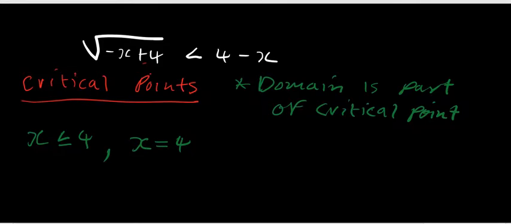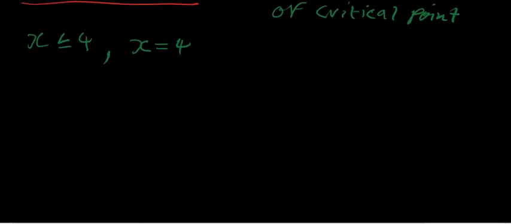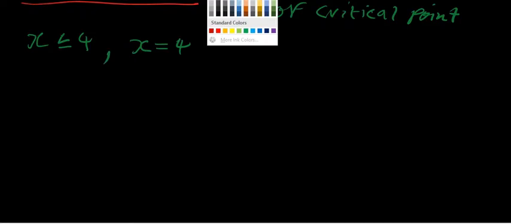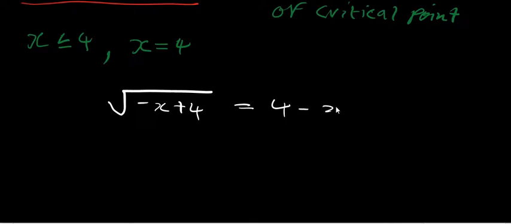Now let's look for the next critical point. Okay, so the next critical point we can have is whereby we are going to get the same expression. So to get the same expression, we can say square root negative x plus 4 is simply equal to 4 minus x.